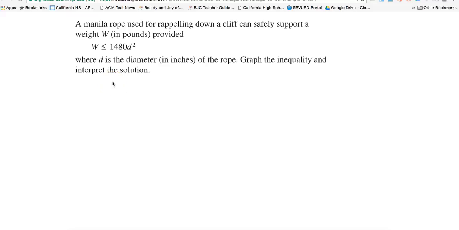Okay, so right here, let's immediately look at what information is important. It can safely support a weight in pounds, provided the weight needs to be less than or equal to 1,480 times the diameter squared. None of this other stuff is important: a manila rope used for rappelling down a cliff can safely support a weight.